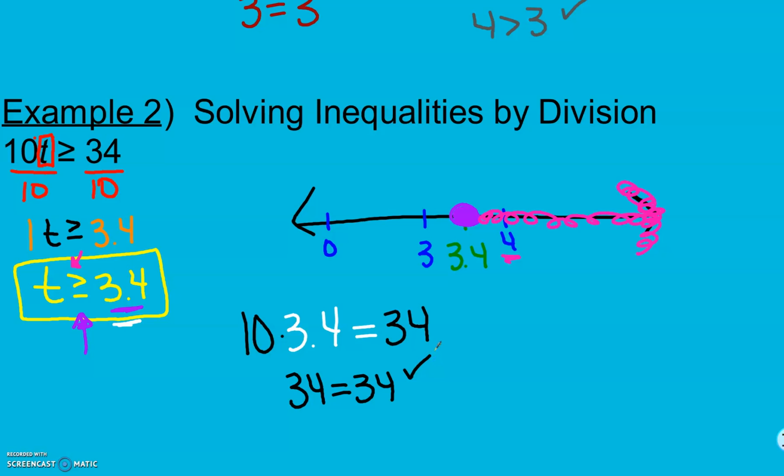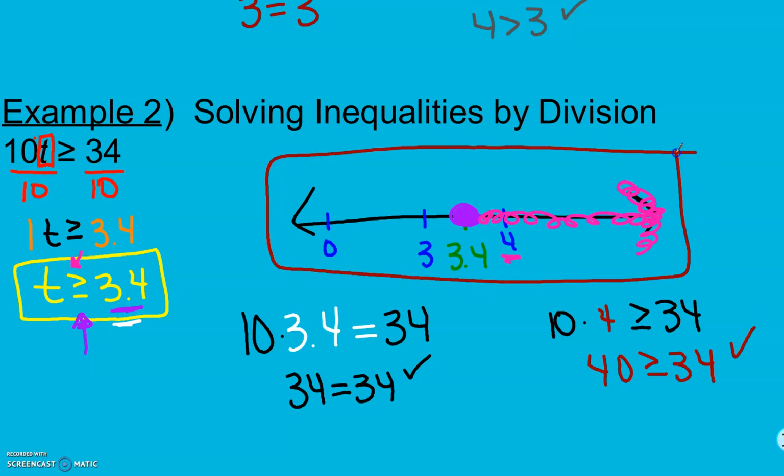The second thing I want to check is 10 times some number in my solution to see if it is greater than or equal to 34. We can pick any number. We can pick 4 here. Because that's part of my solution set, that'll work. 40 is greater than or equal to 34, which is true. That checks as well. So my graph is correct, and so is my inequality.